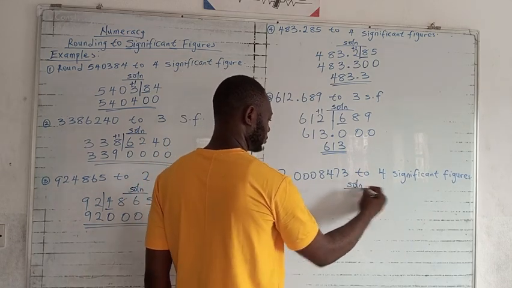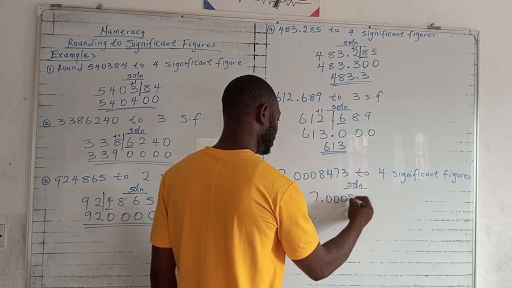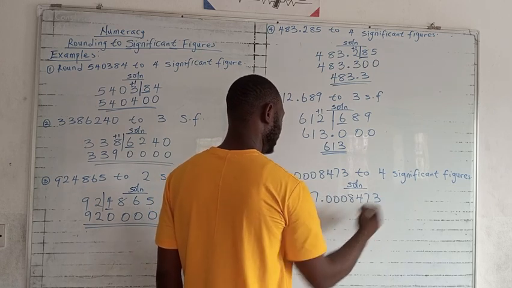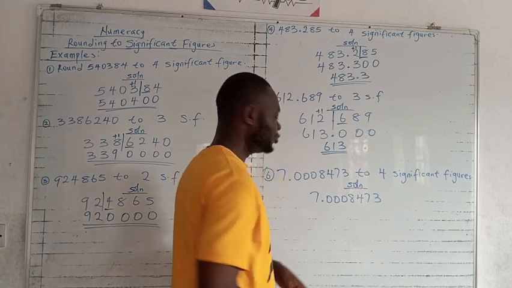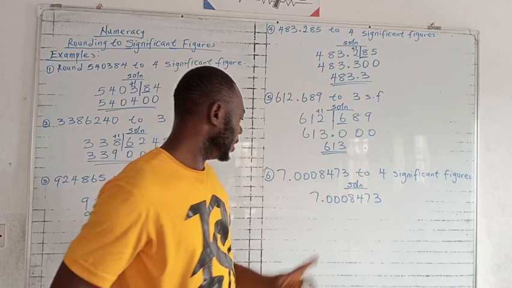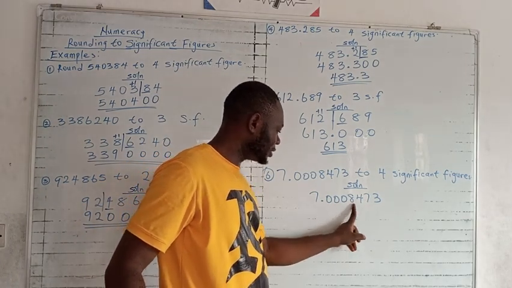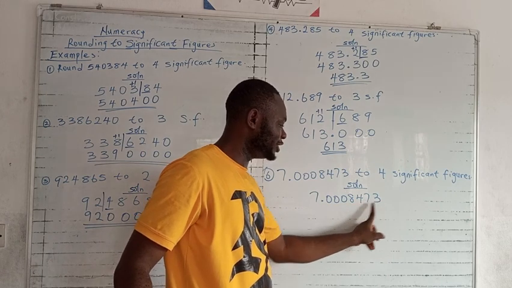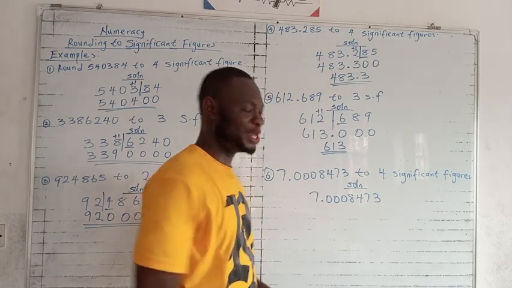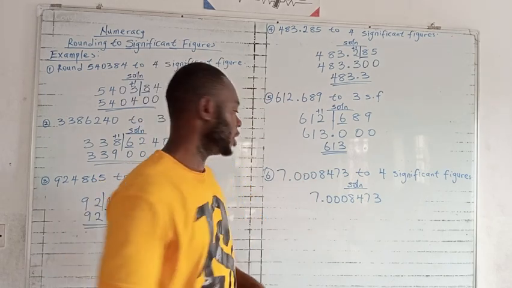Solution: 7.0008473. Remember, we said that zeros are significant depending on their positions in the number. These zeros are significant because there are significant digits at this point. So they become significant. That means, therefore, we have to count them in what we are doing.